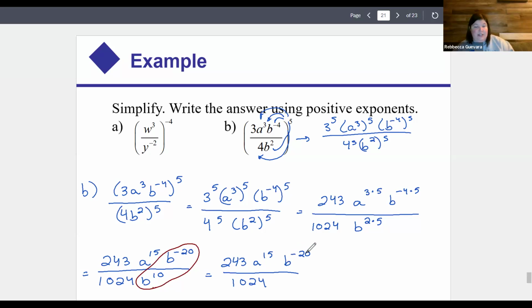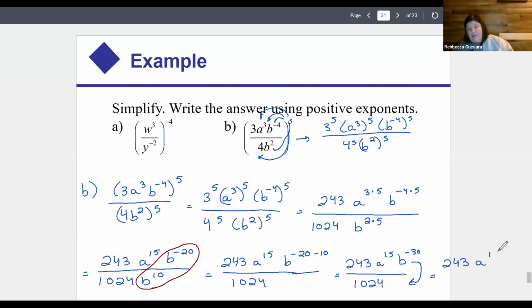So this would be b to the negative 20 minus 10. So 243, a to the 15, now we got b to the negative 30. And then once again, because that's a negative exponent, we move it to the bottom. So this is 243, a to the 15 over 1024, b to the positive 30.